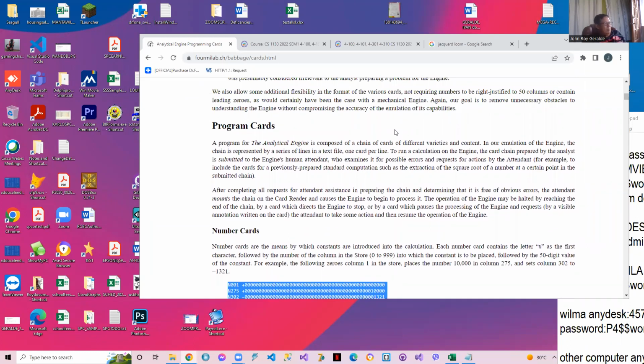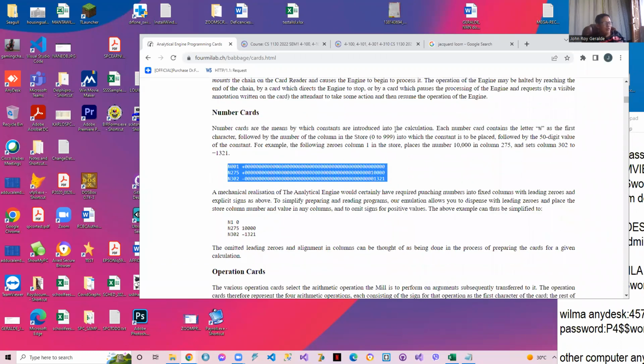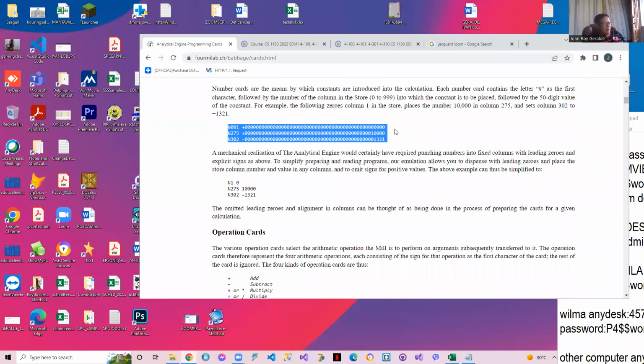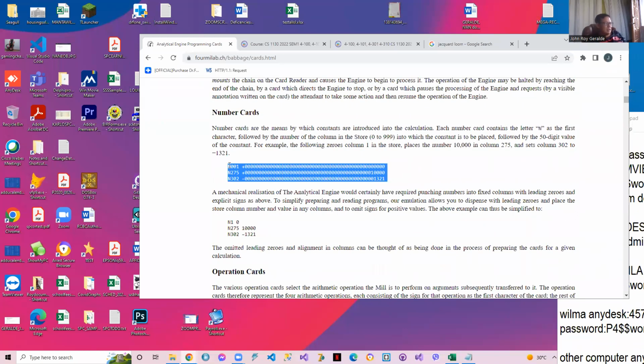Okay, so the program cards have two forms. There are two types of program cards, number cards and operation cards. Number cards start with the command N. N stands for number. For example, when you say N001, this will load a value.